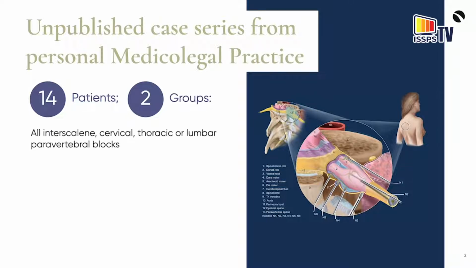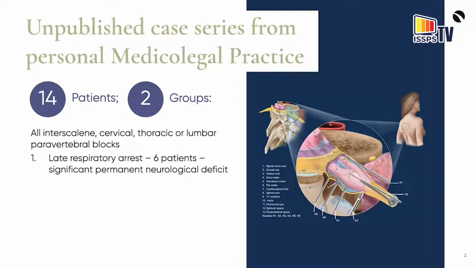Group 1 had 6 patients with late, after 20 to 30 minutes, respiratory arrest. All 6 of these patients presented post-operatively and were mechanically ventilated for 5 to 10 hours and had significant permanent neurological deficits after 6 weeks that varied from monoplegia to quadriplegia.